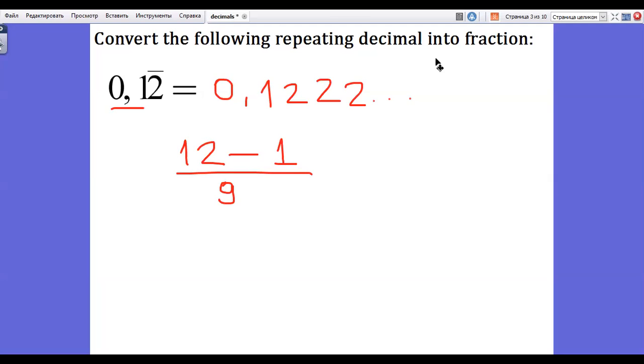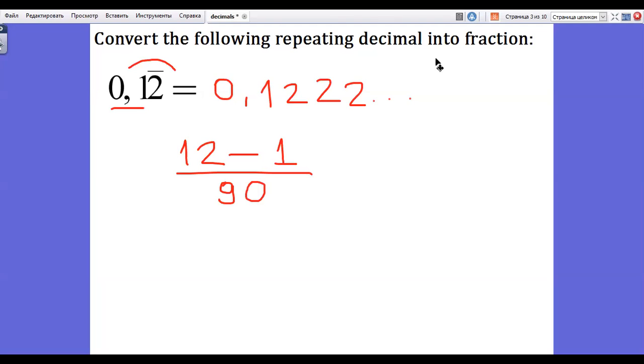And now look at decimal. This part after decimal point is called fraction part. And in fraction part, I have only one repeated digit, which is 2. Yes, if you have only one digit, I will write here just 1 9. Okay, after, I will write 0 here, near the 9, because in the fraction part, I have one non-repeating digit, and it means you will write here only 1 0.